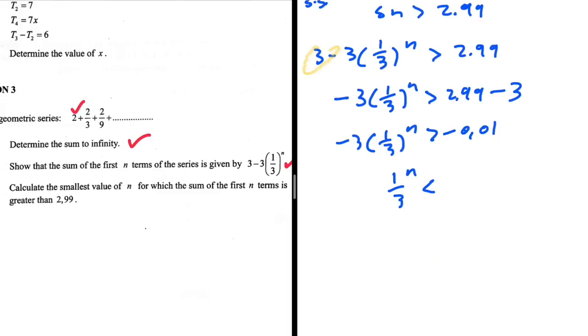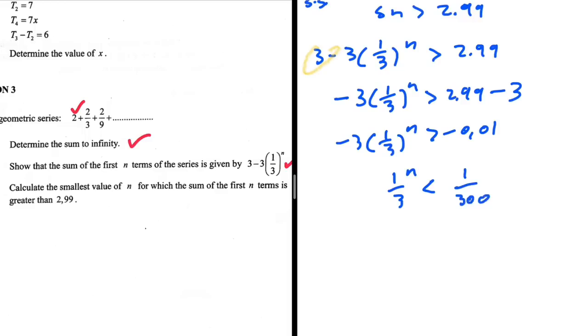So because we are dividing by minus 3 there, it is going to change. Okay, and then minus 0.01 divided by minus 3. That is 1 over 300. So we have 1 over 300.